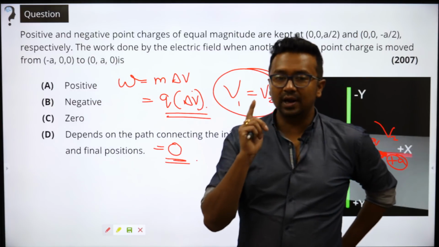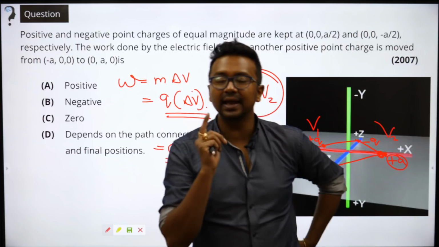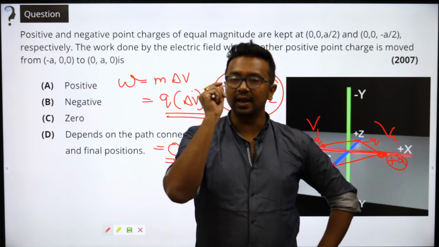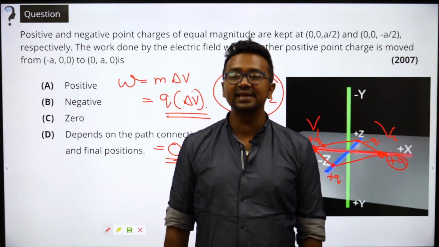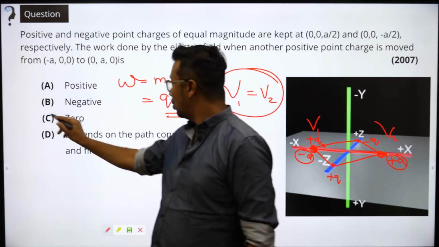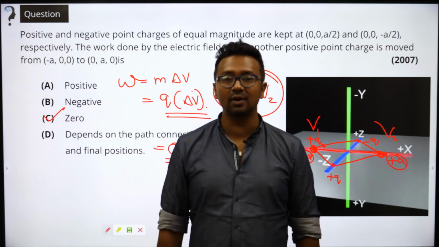So what is the important point here? The important point is to draw a diagram, and it makes the concept very simple. So option C is the correct answer here.